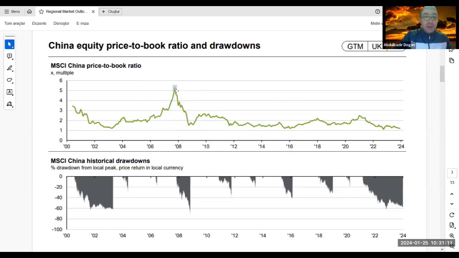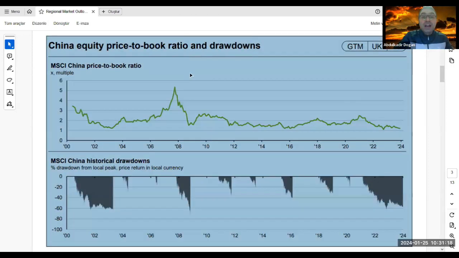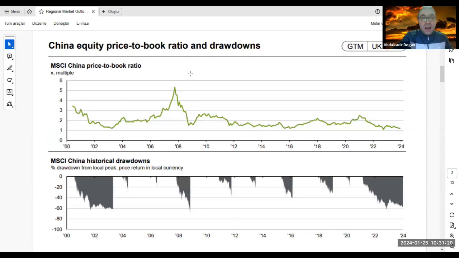What does this mean? China's real value is 1, but the price in the market is 5, meaning that before the global financial crisis China was 5 times higher and more expensive than its real value.